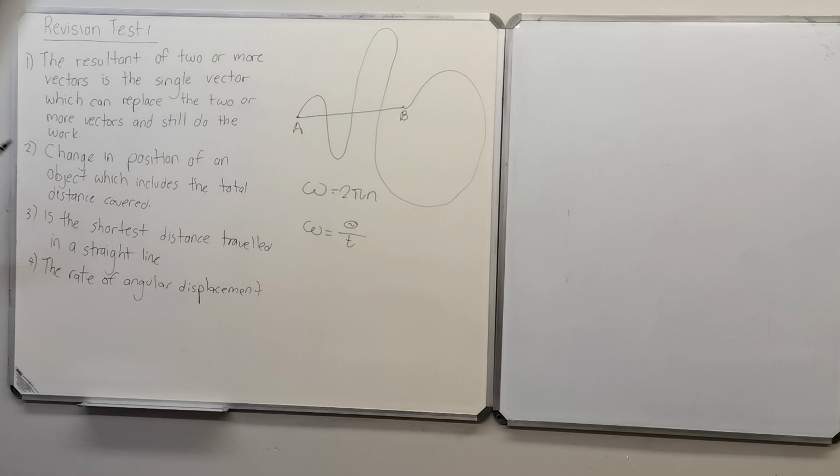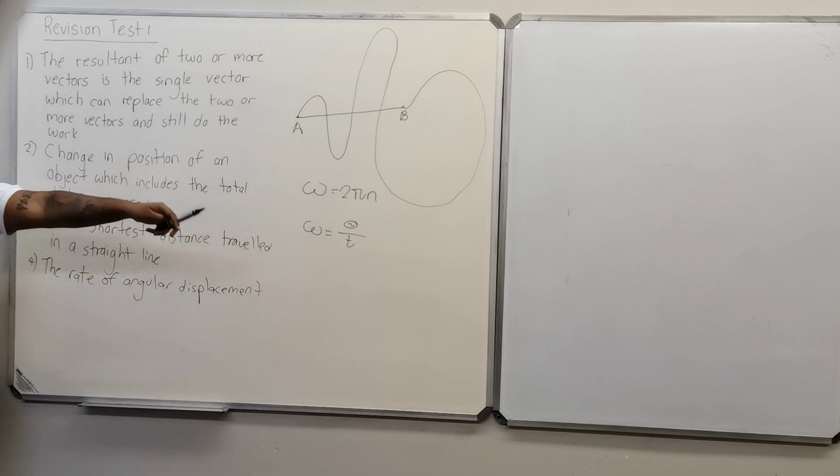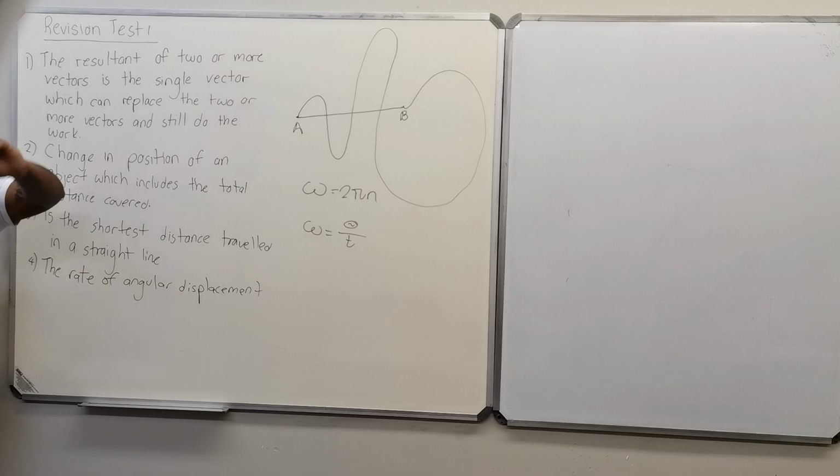Angular displacement can be used in multiple formulas. It's just like a distance. So you can't rearrange the formula; it's how the standard formula is. Is that fine? Is it okay?